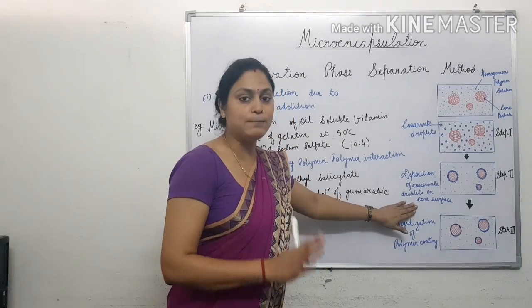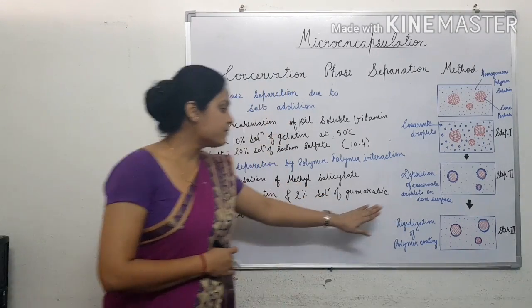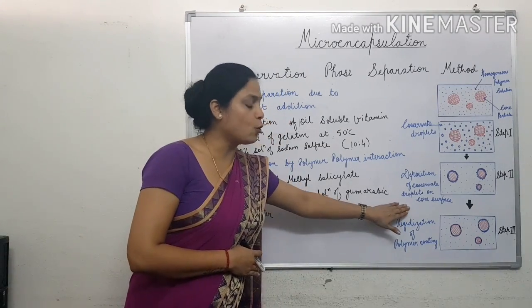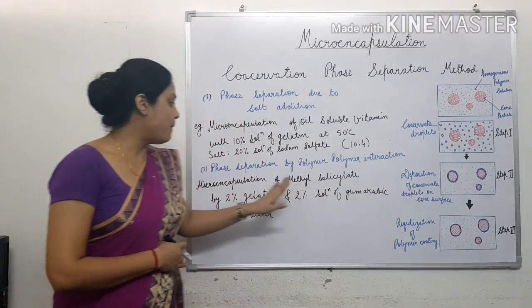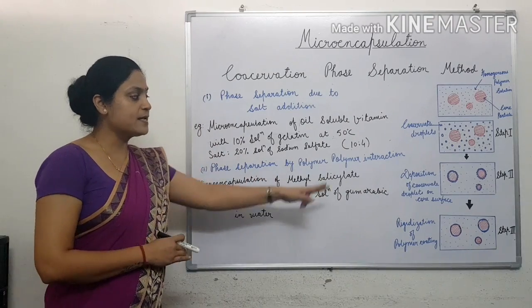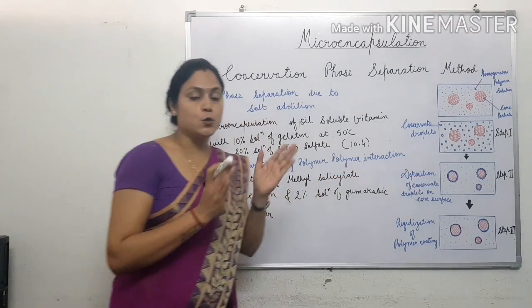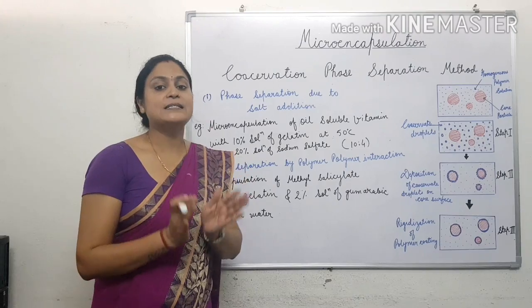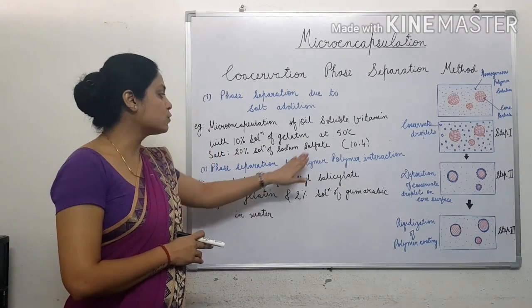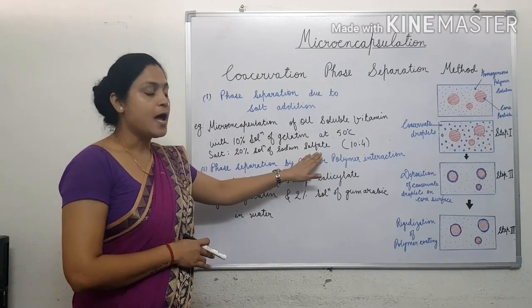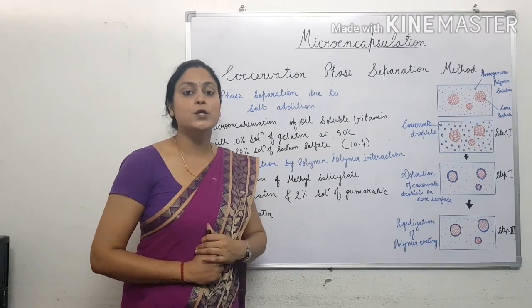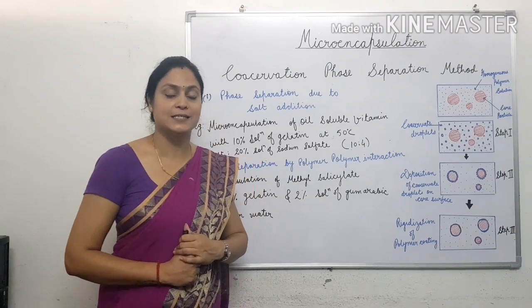Further, after the deposition is completed, rigidization of this coating is obtained by transferring this system to a 7% solution of sodium sulfate and reducing the temperature to 19 degrees Celsius.